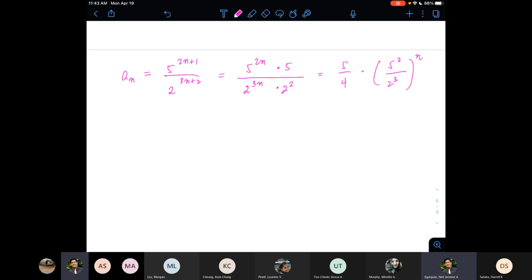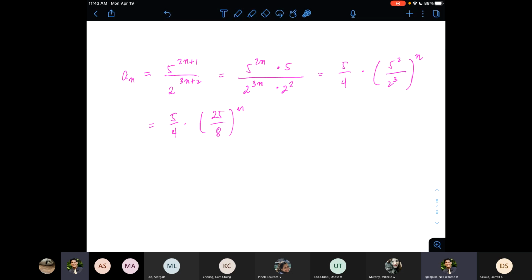All right. So this would be 5 over 4 times 25 over 8 to the power n. All right. And what can we say about 25 over 8 to the power n when n increases? The thing here is 25 over 8 is greater than 1.